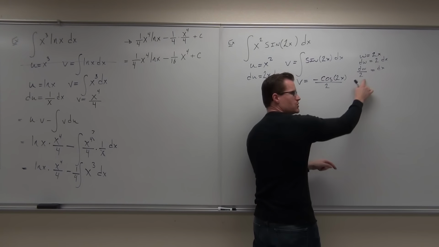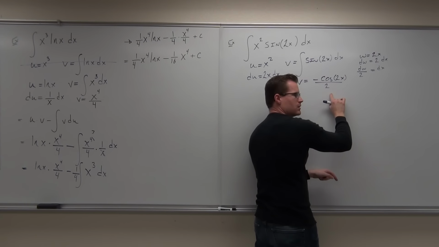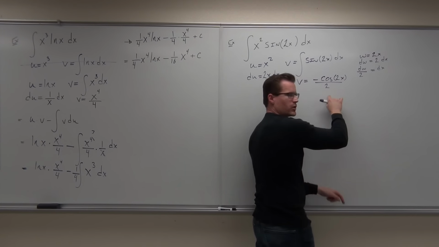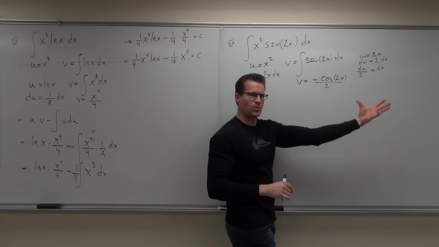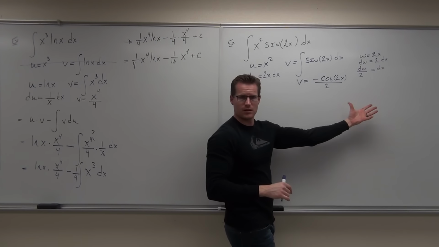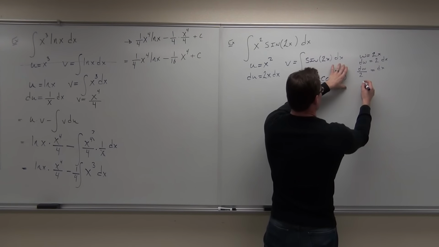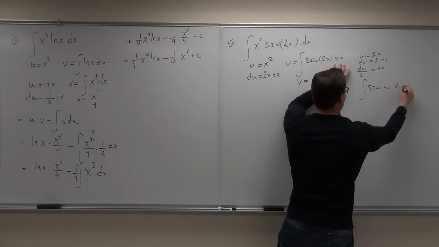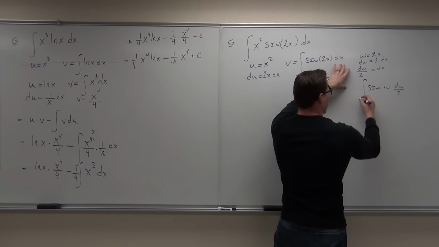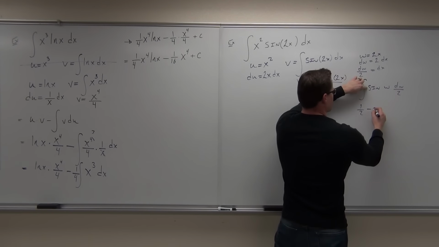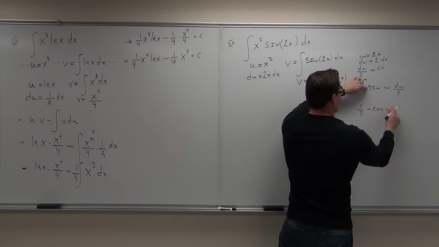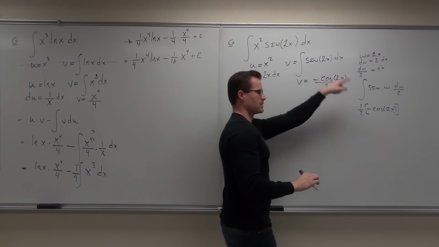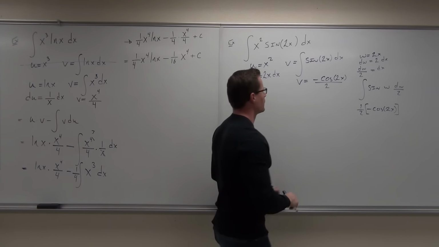That's where the over 2 is coming from. Did I blow your minds? Did you follow that? Do I need to do the whole thing for you? No. Okay. One half negative cosine w, where w is 2x. That's that. Okay, now the other one.